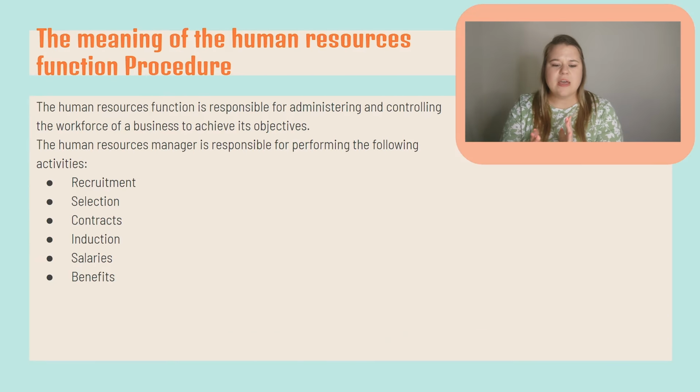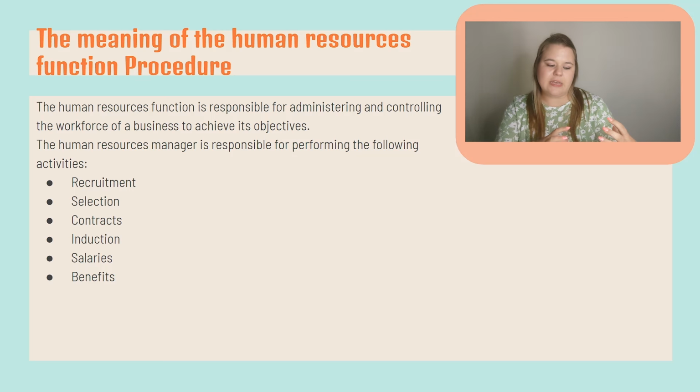So let's kick it. The meaning of the human resource function. The meaning is someone who's responsible for administrating and controlling the workforce of the business to achieve its objectives. They will do the following functions, and they're responsible for the following: recruitment, selection, contracts, induction, salary, and the benefits. So basically, someone in the HR is another way we can word it.